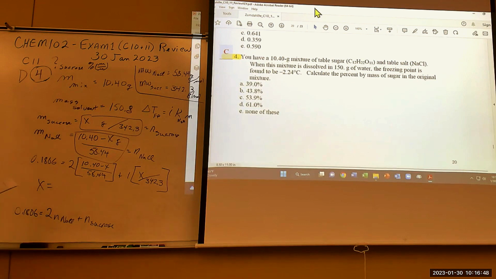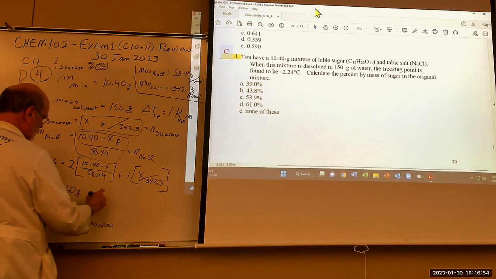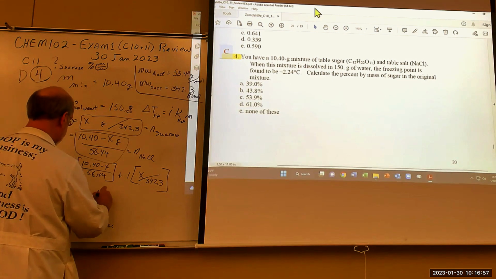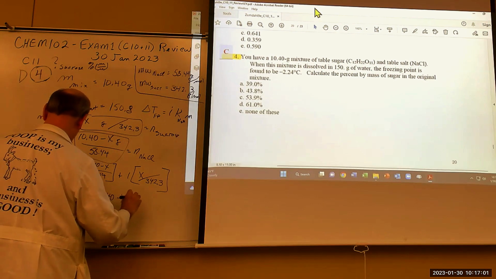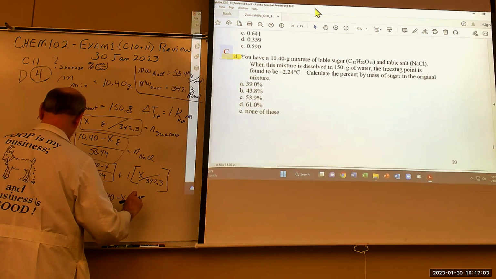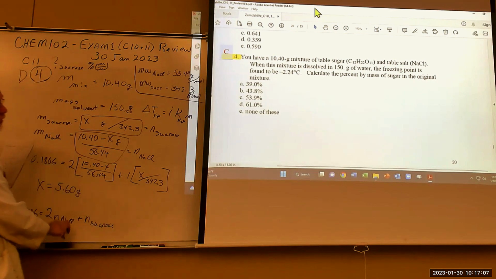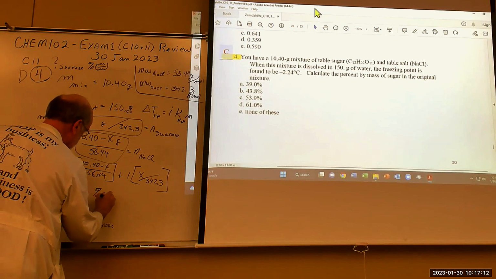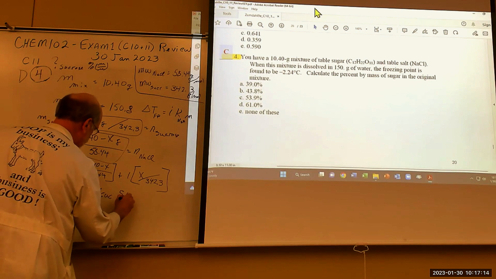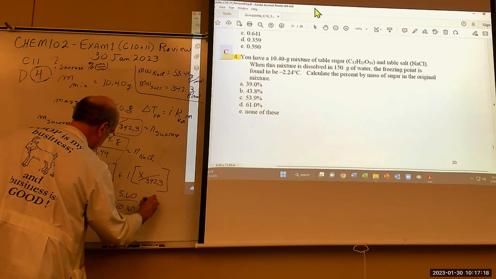To save time, the mass of sucrose should be 5.60 grams. Actually, we don't need 10.40 minus X. If we're going to do percent by mass, percent sucrose would be 5.60 divided by 10.40 times 100.